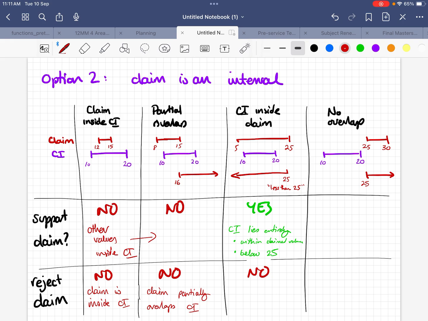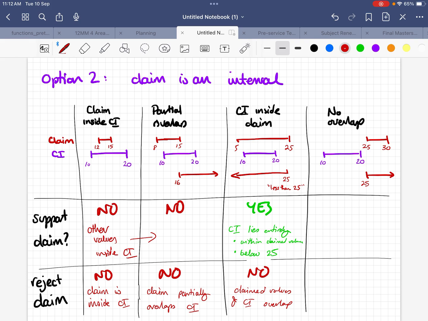Of course, if we can support the claim, well, we're not going to be rejecting it, and we've got the same reason here. The claim values and the confidence interval overlap.